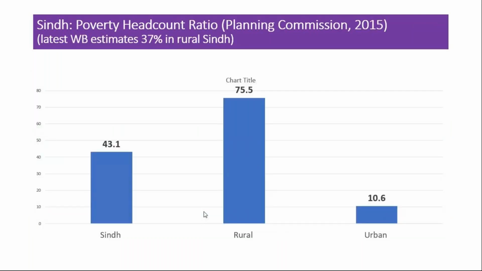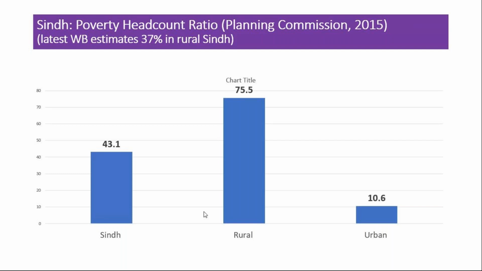Now I talk about poverty in Sindh. According to 2015 Planning Commission data, there's a differential between rural and urban Sindh province. You can see a stark difference between rural and urban, whereby rural has a poverty headcount of 75% and urban around 11%.